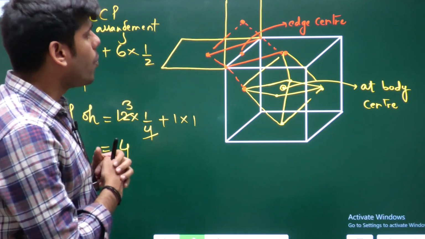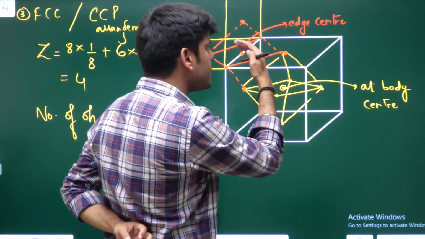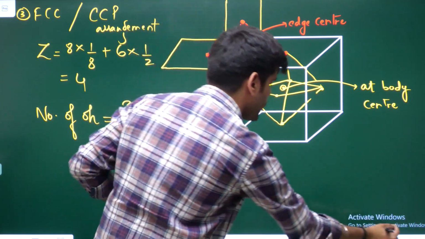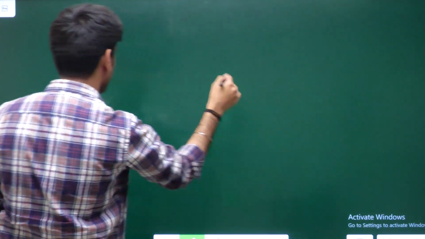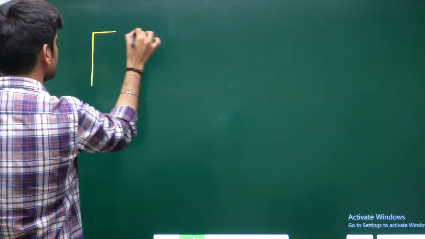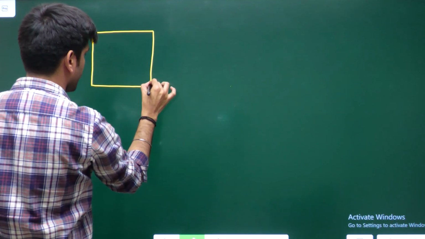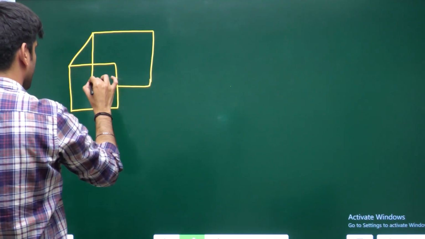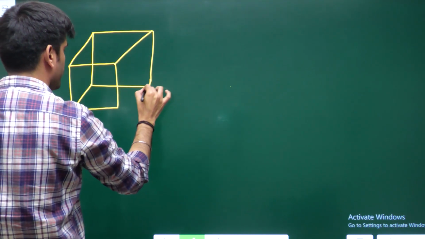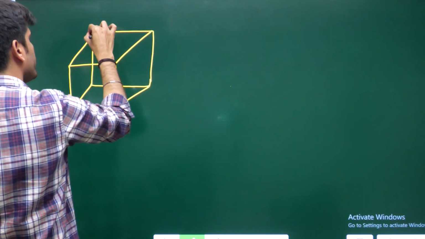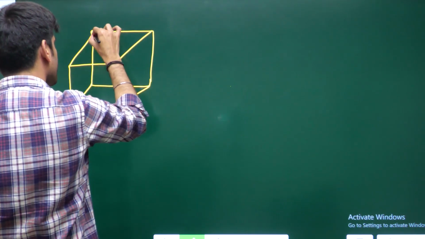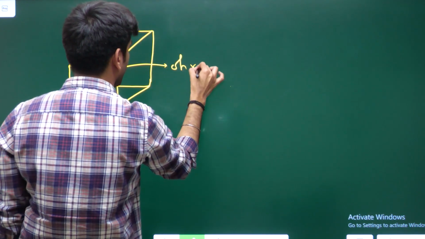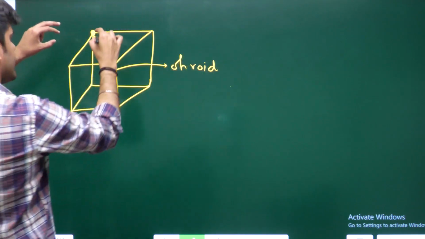Next, what if I want to know the distance of this octahedral void from the cornermost atom? This is my cornermost atom, and this is the body diagonal, and here I have the octahedral void. I want to know this distance.